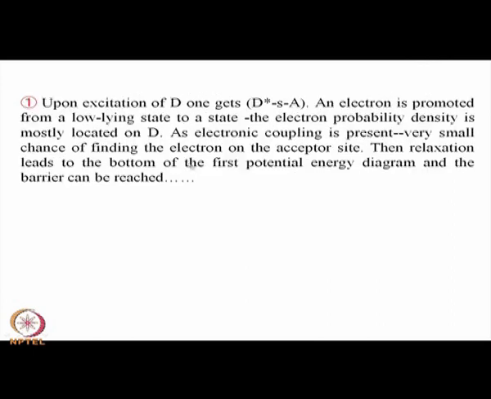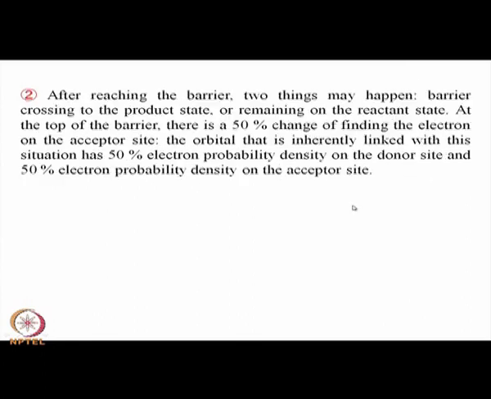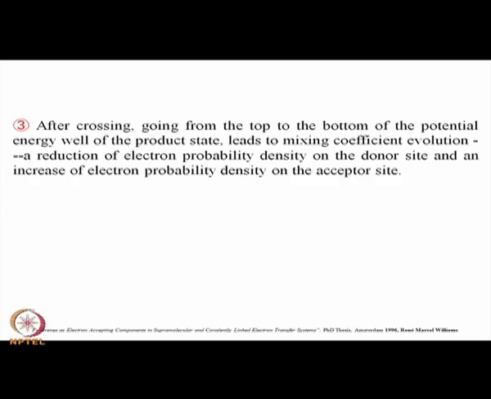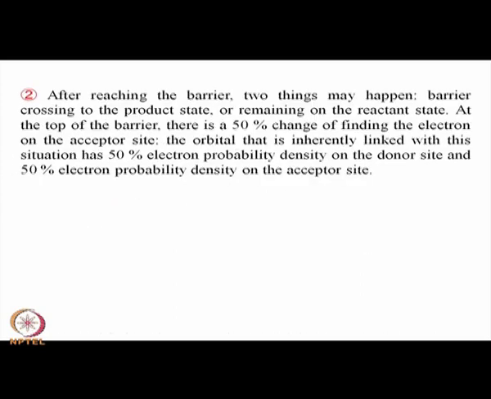So basically it is the relaxation, what I told you, because of the vibrational relaxation. You are getting these things. Now, number 2, after reaching the barrier, what is happening?